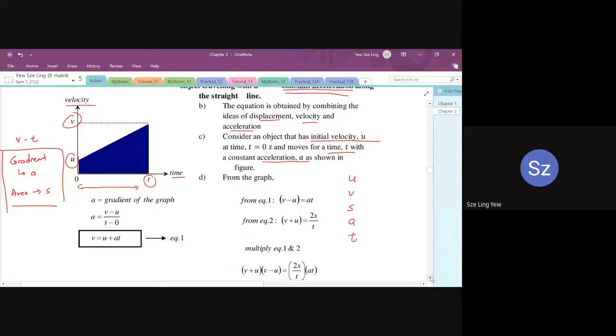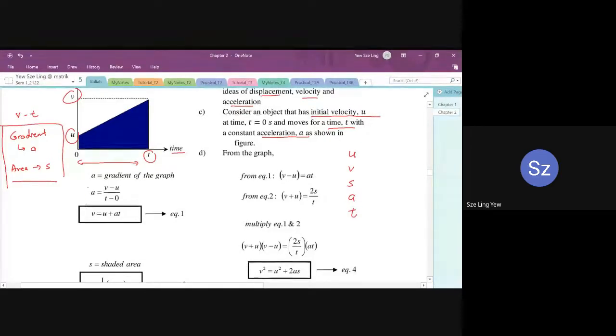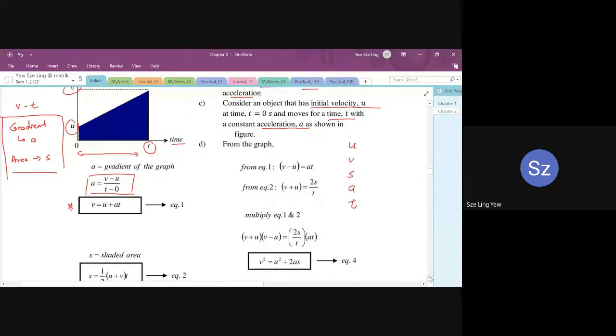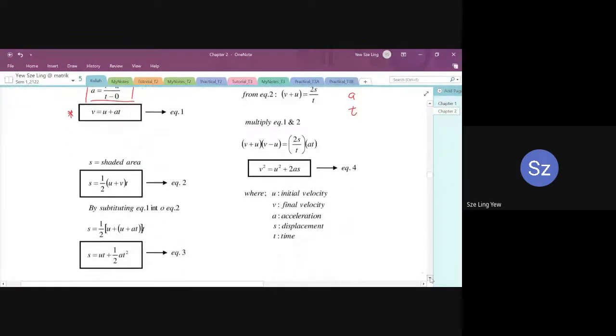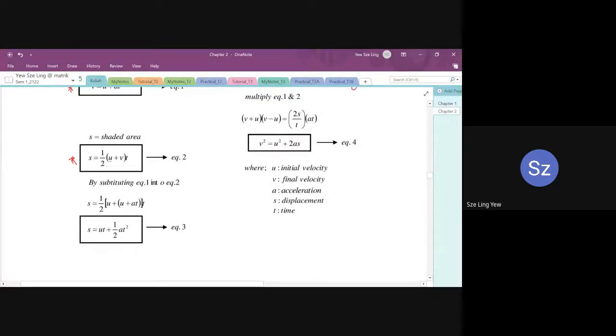All right, so from here you can get v equals u plus at. Because you obtain it from the gradient: a equals v minus u divided by t minus 0. Rearrange the equation and you obtain the first linear motion equation, v equals u plus at. Then if you calculate the area by using the formula for a trapezium, you obtain the second equation, s equals 1 over 2 times (u plus v) times t. Now, when you sub equation 1 into equation 2, you obtain the third equation, s equals ut plus 1 over 2 at squared.